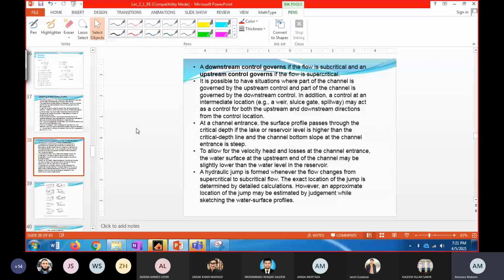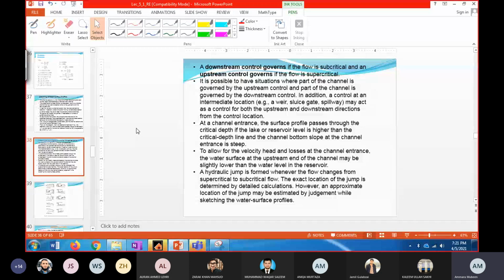A downstream control governs if the flow is subcritical, and an upstream control governs if the flow is supercritical. It is possible to have situations where part of a channel is governed by upstream control and part of the channel is governed by downstream control.